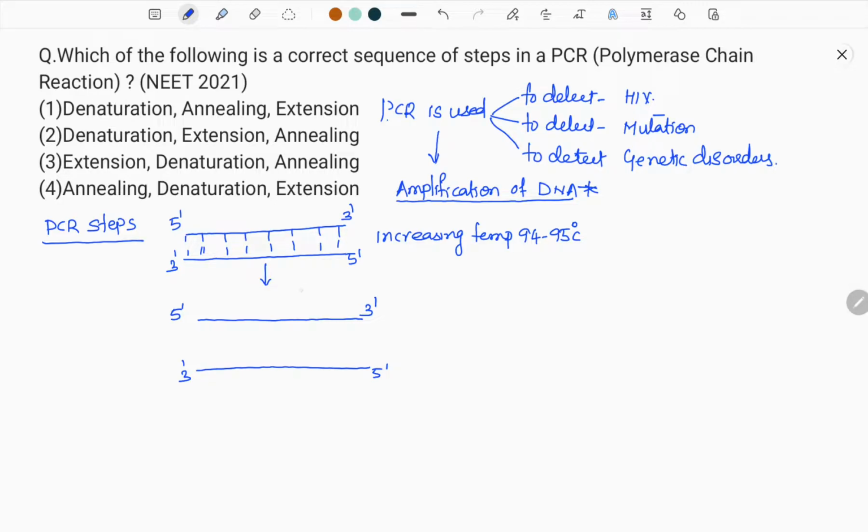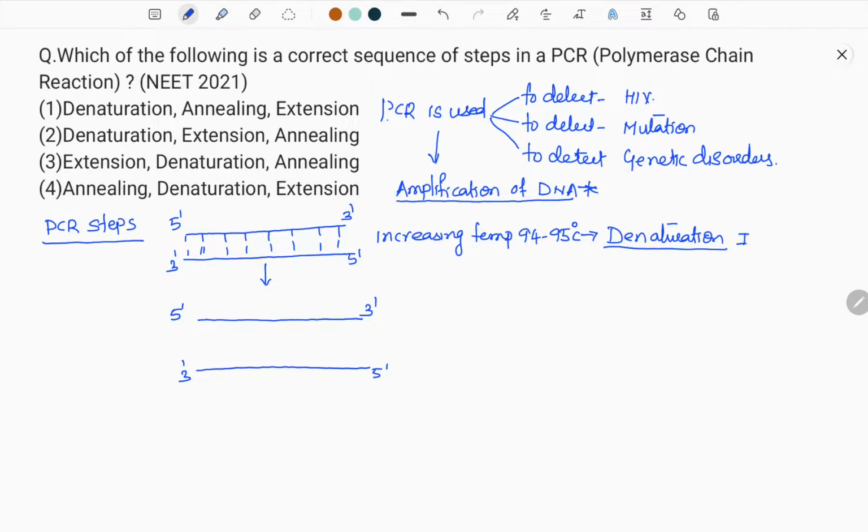So often we say that DNA is more stable to act as genetic material rather than the rest of them like proteins and RNA. So this process of increasing temperature and breaking down the hydrogen bonds to make dsDNA into ssDNA is called denaturation. This is the first step of the PCR technique.